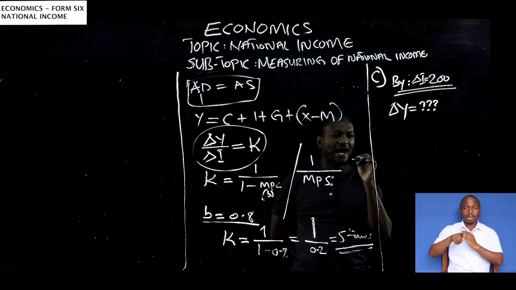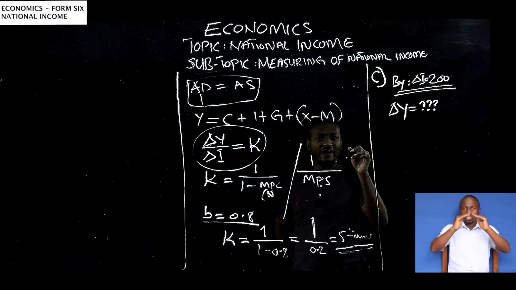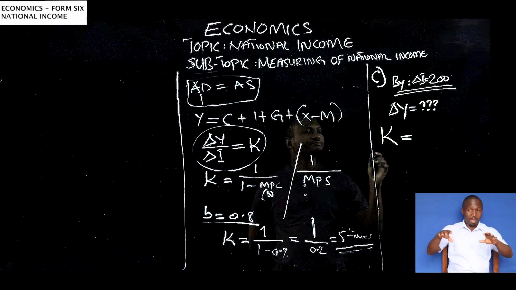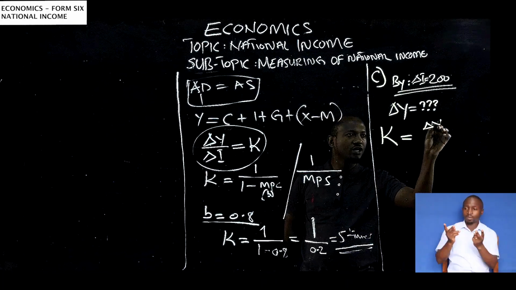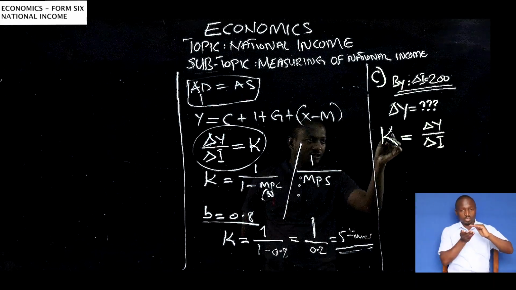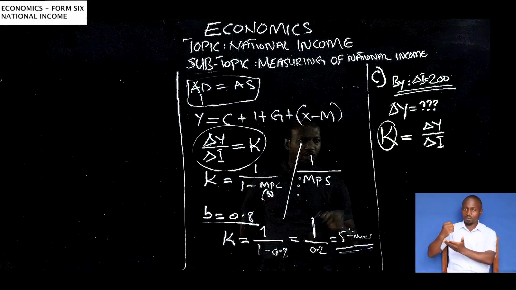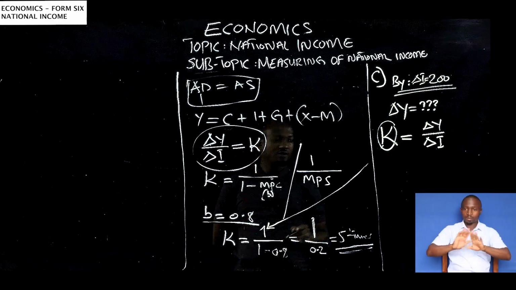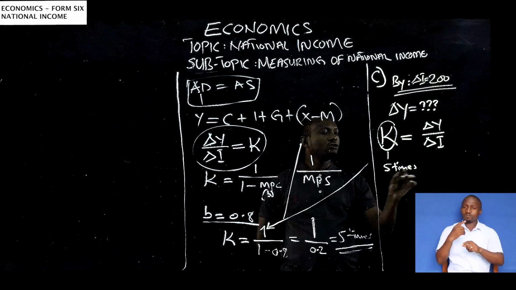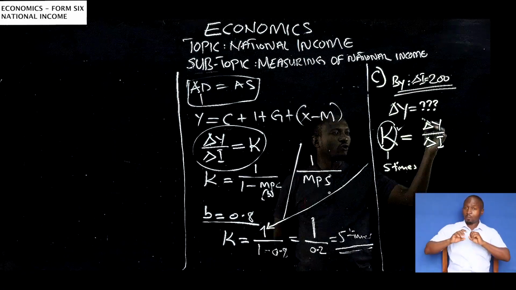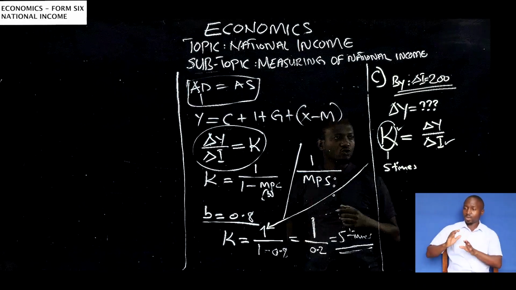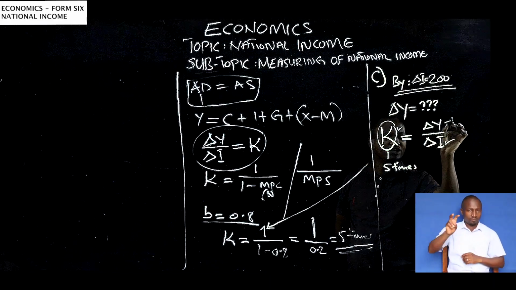So from the investment multiplier, K equals change in income over change in investment. The multiplier is 5 times, and the change in investment is 200. We need to compute the change in income.